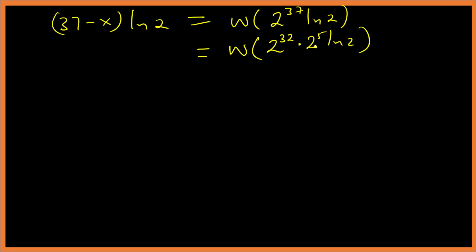So we know 2 to the power 5 is 32. So let me introduce e here. So e raised to ln of 2 to the power 32.